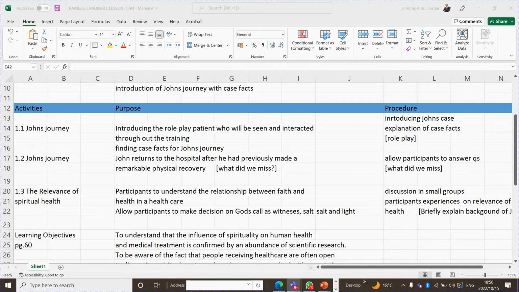I should go first to the procedure for activity 1, which is introducing John's case, explanation of case facts, that is through a role play. And the procedure for activity 1.2 is to allow participants to answer questions: what did we miss on John's journey?